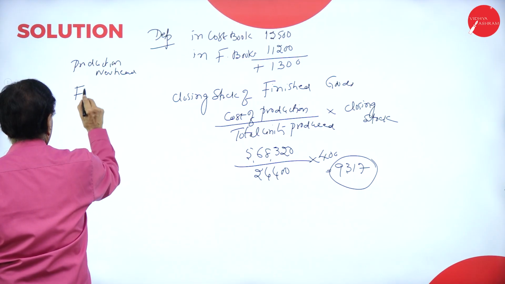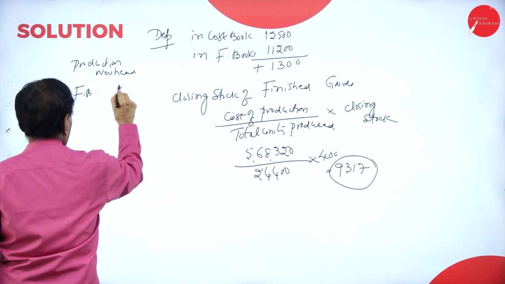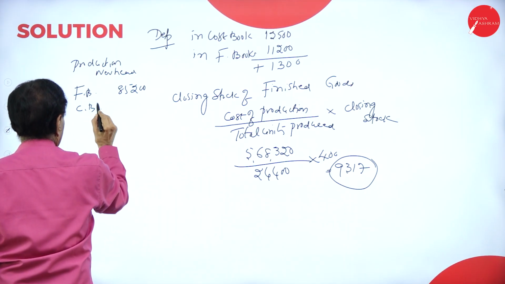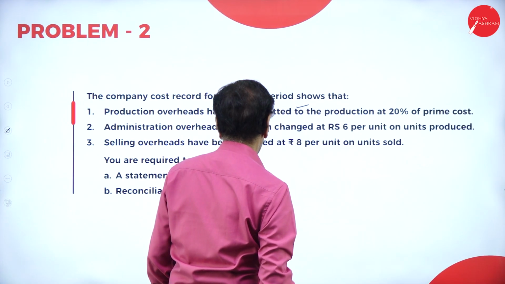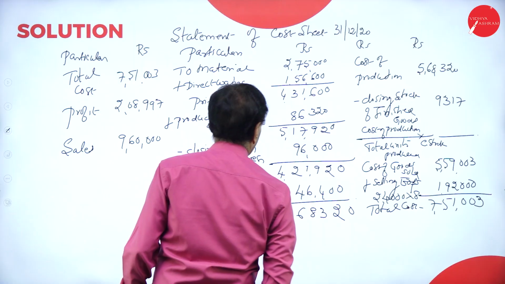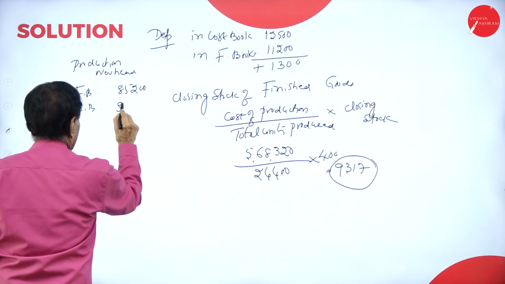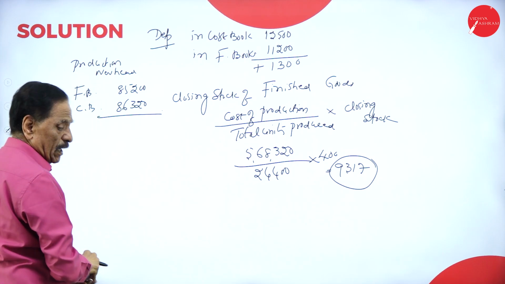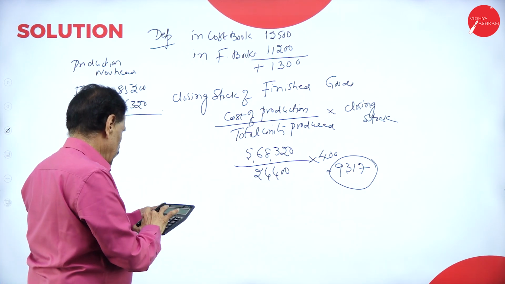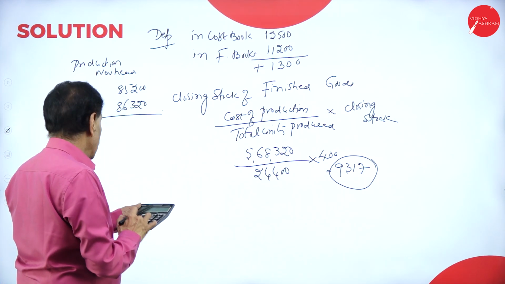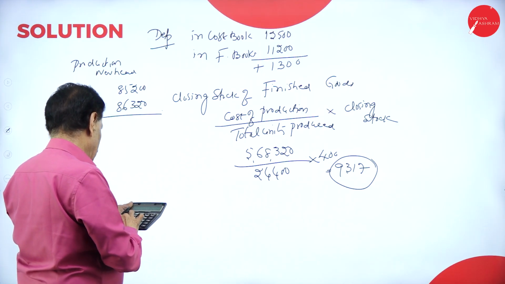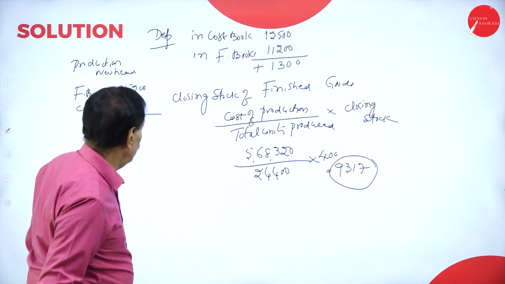Financial book 85,200, cost book, production overhead 86,320. 86,320 minus 85,200, so 1,120.